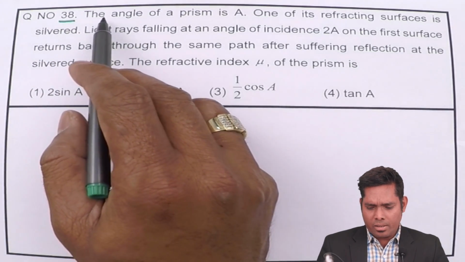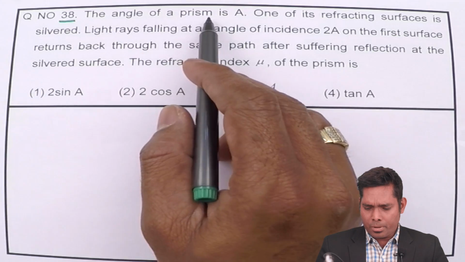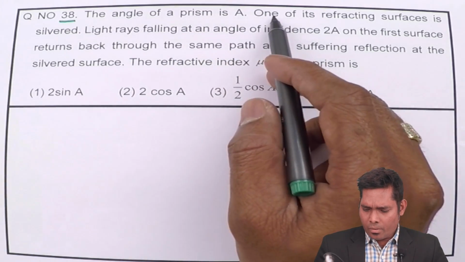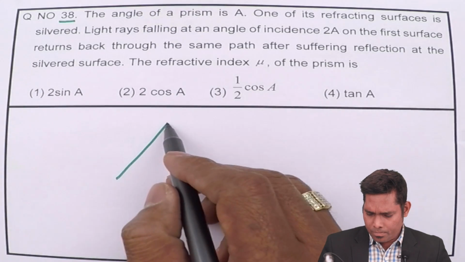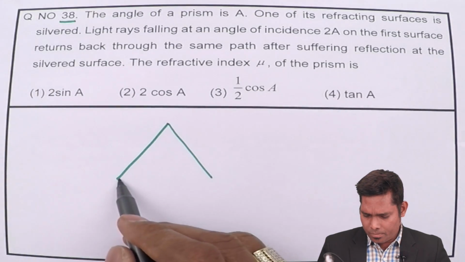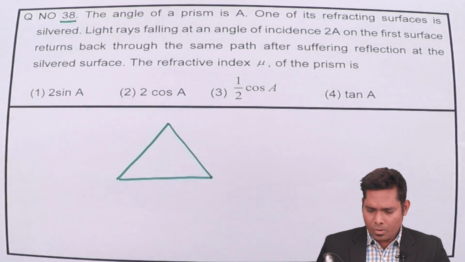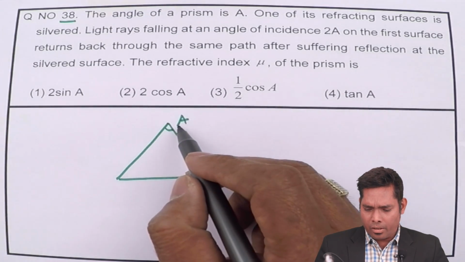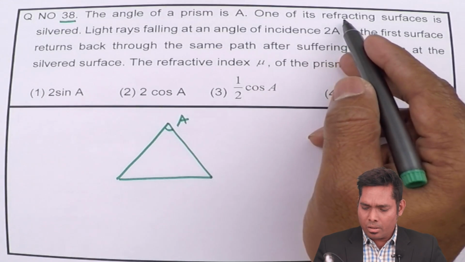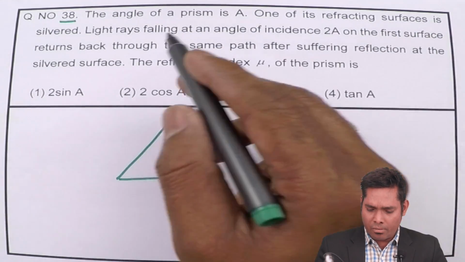This question says the angle of a prism is A. One of its refracting surfaces is silvered.